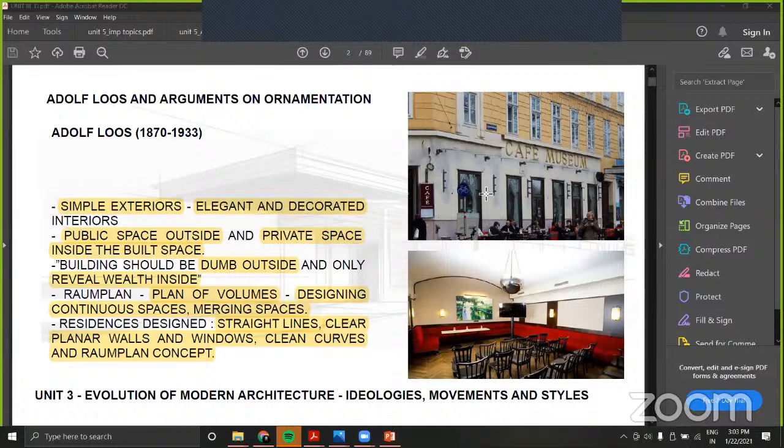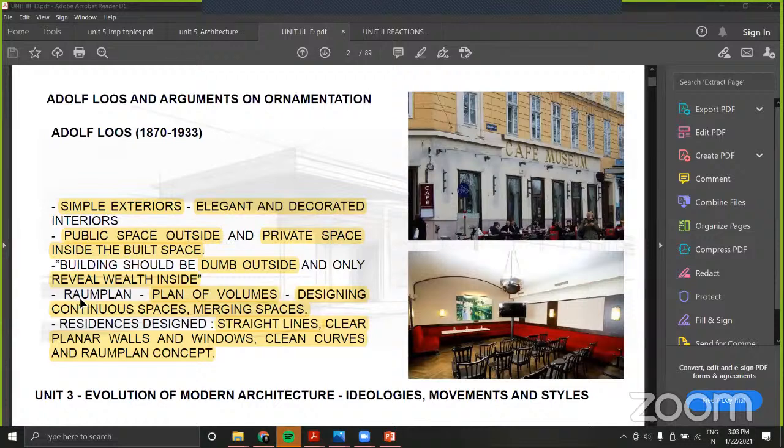He wanted public spaces outside and private spaces inside. In his movement they started outdoor and indoor spaces like outdoor cafes and outdoor sit-out spaces. He wanted the public spaces to be outside and the private spaces to be inside.